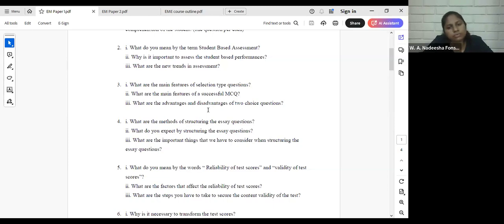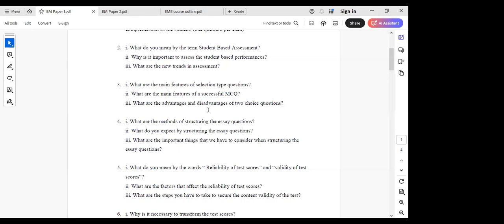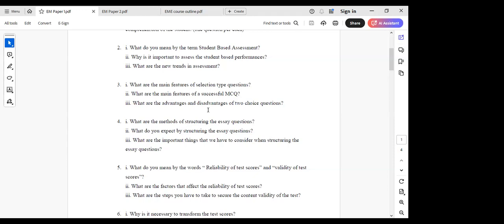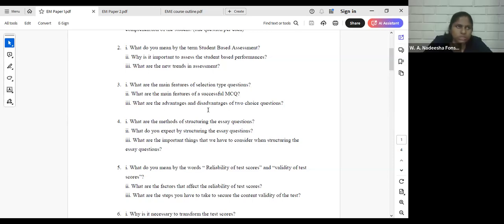So what are the main features of a successful MCQ? Using simple words, we have to use authentic, simple words. Usage of authentic, familiar words.